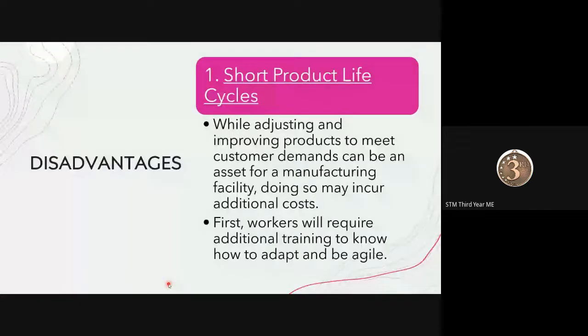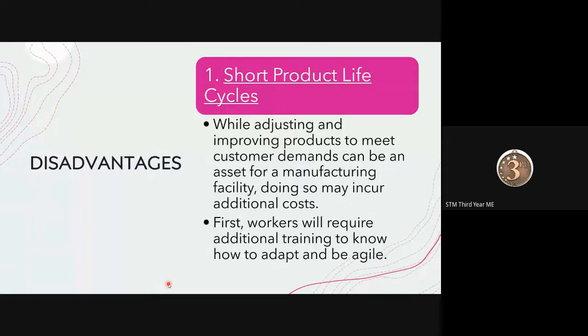So the time that is required for the product to be saturated in the market will be greater, and we are not giving sufficient time. Instead, we are producing another product that replaces the older product, and that older product comes into a decline stage much earlier than the conventional method.